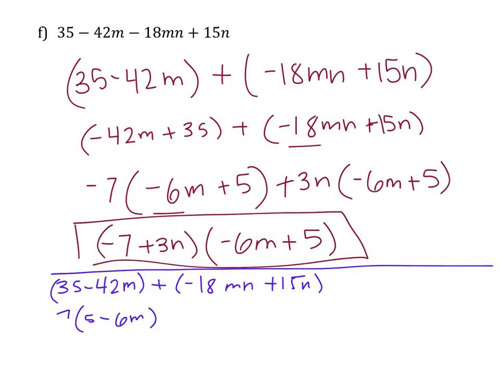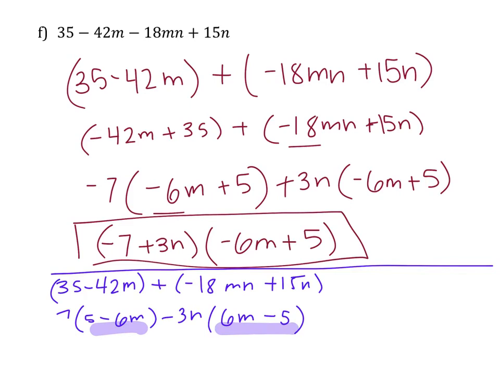And here again, I notice, okay, I want my first term to be positive. Maybe I'll factor out negative 3n times 6m minus 5.